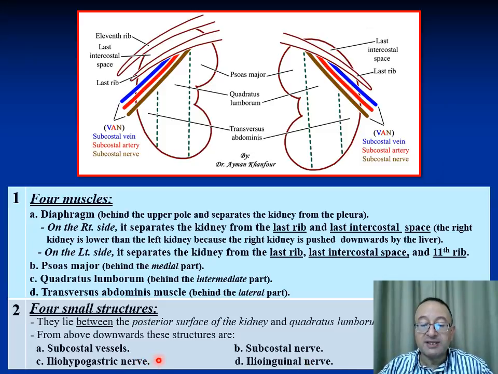One of them is called the iliohypogastric nerve, and the last one is the ilioinguinal nerve. Iliohypogastric and ilioinguinal. So, any other names of nerves, they are not reaching the back of the kidney and not included.